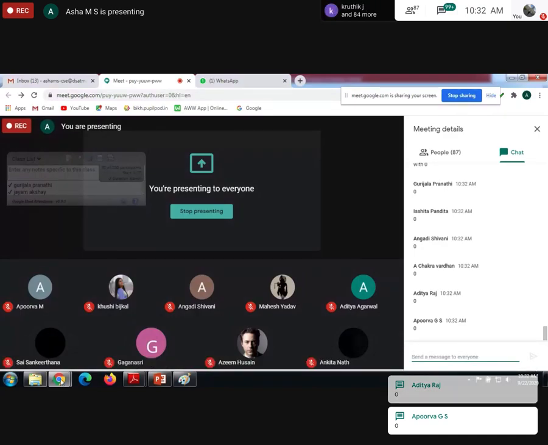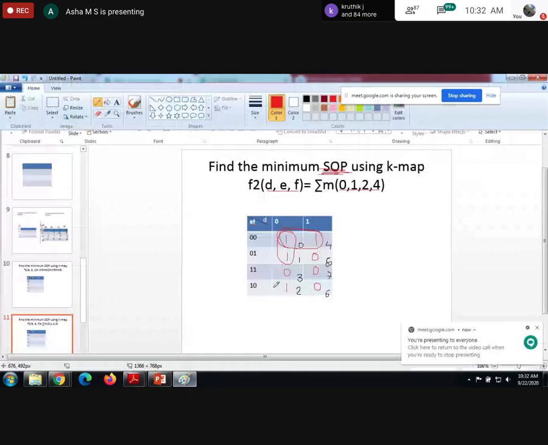Exactly correct, because I already told you that you can fold the K-map. So here I am going to pair this one with this one. So cell number 0 is grouped three times: with 4, with 1, and with 2.